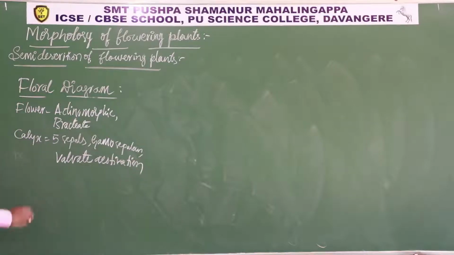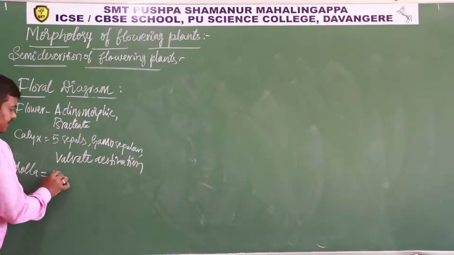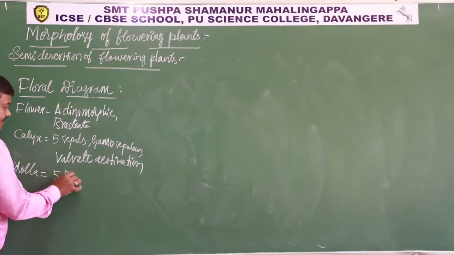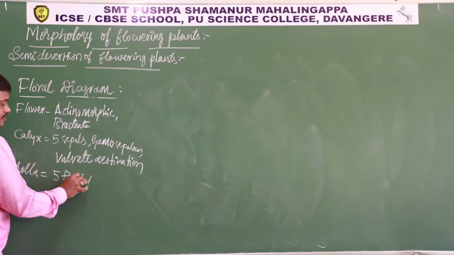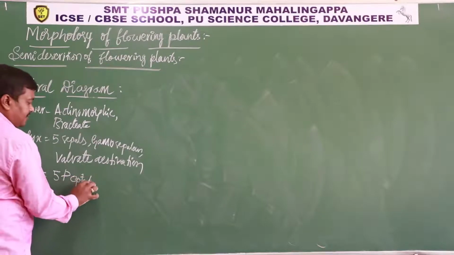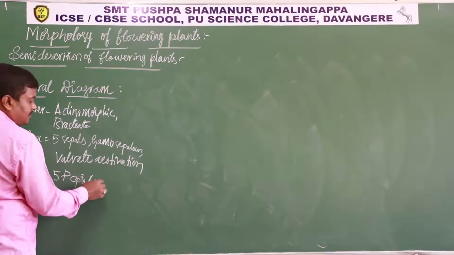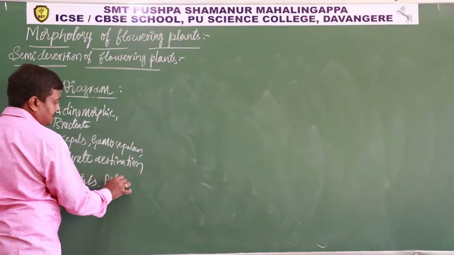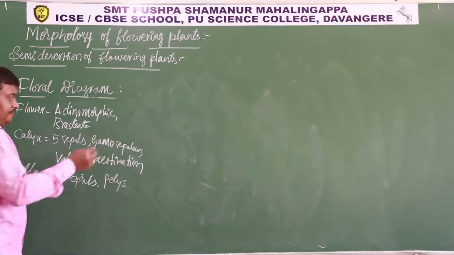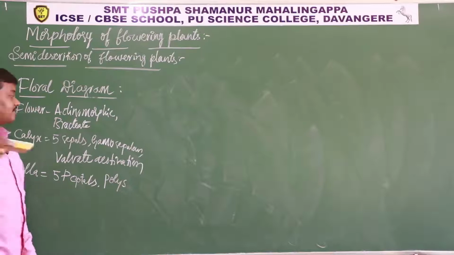Okay, this is one condition. Now for the corolla, I am taking a simple example to show you how to write the floral diagram. So corolla, let me take 5 petals, polypetalous.